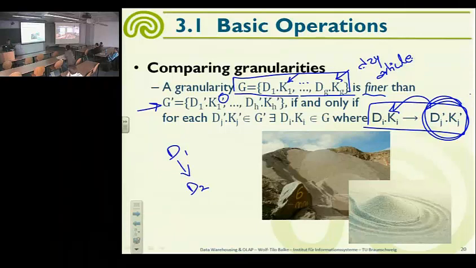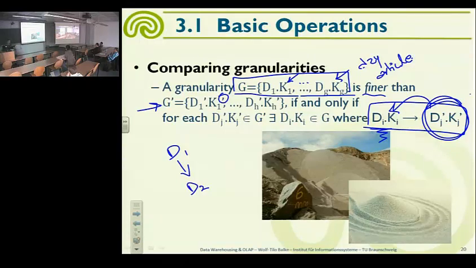Then you can establish that the first dimension has a finer granularity. So if every value in the second dimension corresponds to a value in the first dimension, then it is a finer granularity. And the problem here is, well, what do you do now?